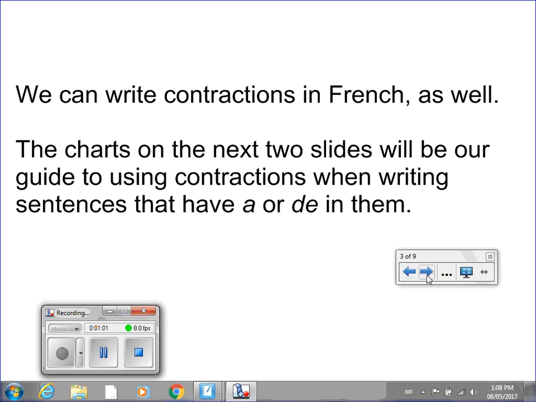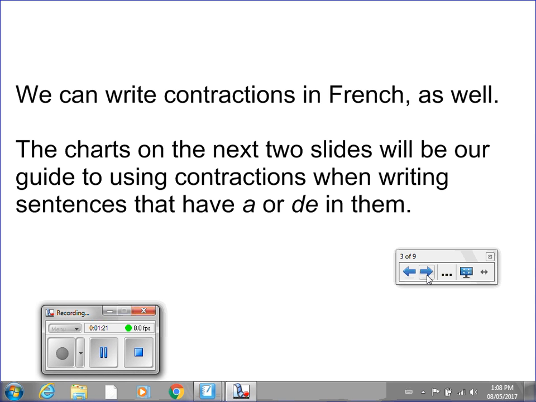We can write contractions in French as well. The charts on the next 2 slides will be our guide to using contractions when writing sentences that have à or de in them. Now, if you have not already received one, I'll be giving you a copy of the Unité 6 worksheet.